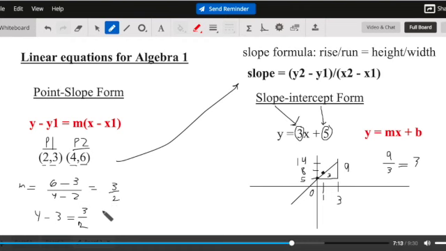x minus 2. Now you want to rearrange this until it looks like slope-intercept form, meaning you're going to move this 3 over. So when you rearrange it, you're going to get y equals, let me type it in, this is easier.